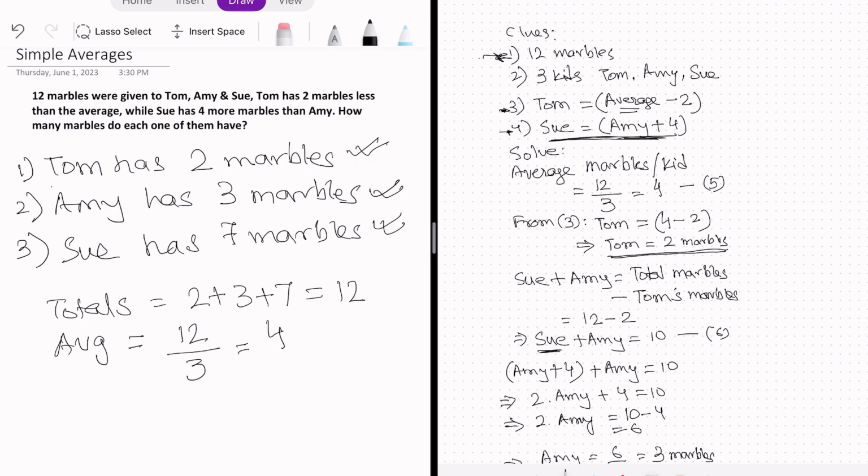Could be, you're sharing toys within kids, or you're sharing flowers within people, or you're sharing pens and pencils within a classroom. Average is just a number, which you can get by dividing the total number of things that you're dividing by the total number of people or things that you're dividing in.